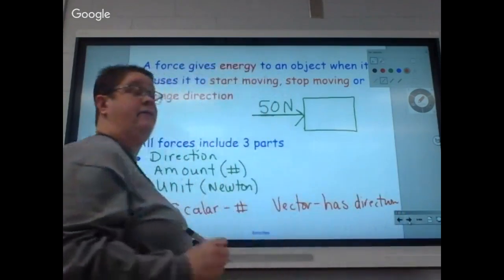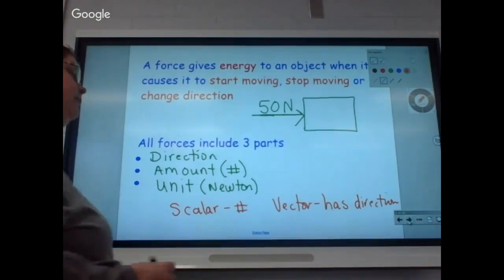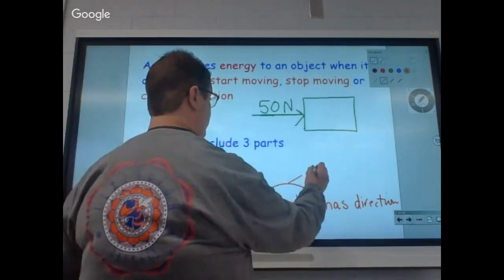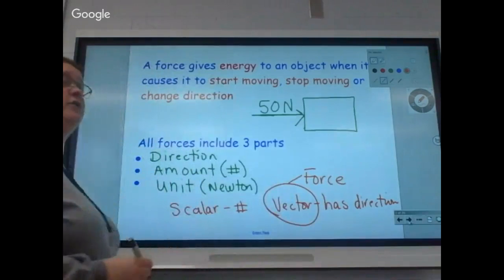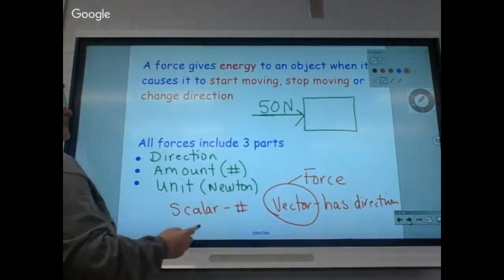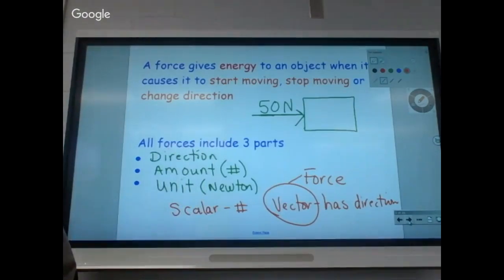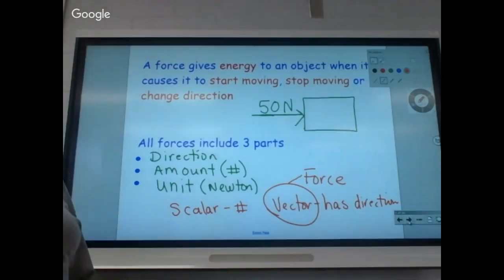Y'all are supposed to know that from the last unit. So a force has to be which one? A force is a vector. Okay? A force is a vector because what did we just say a force has to have? A force has to have direction. Okay? Everybody with me on that? Yes or no? Okay.